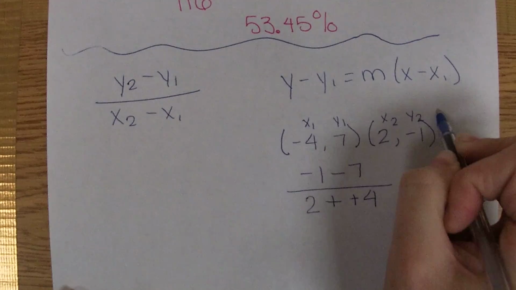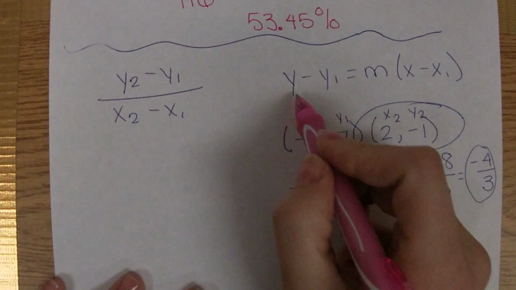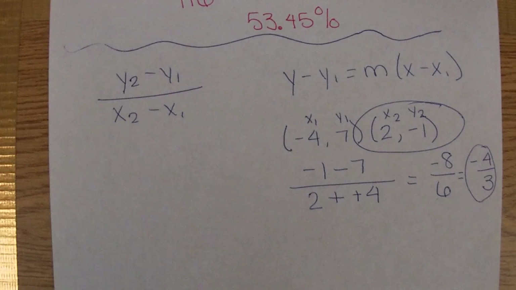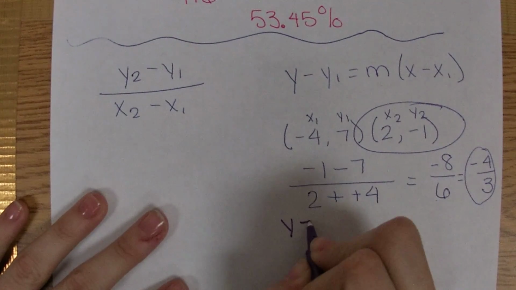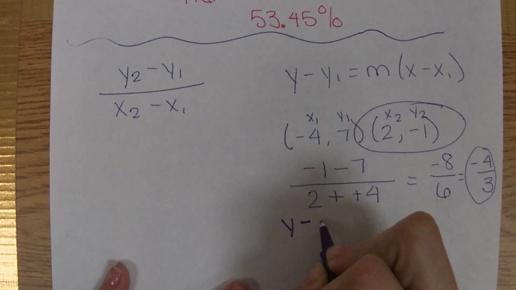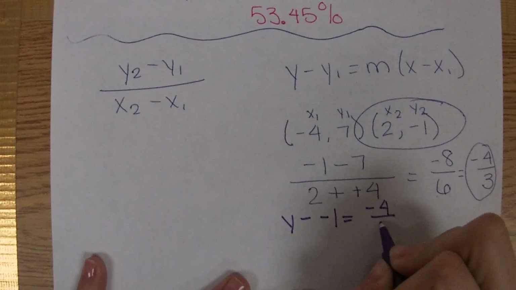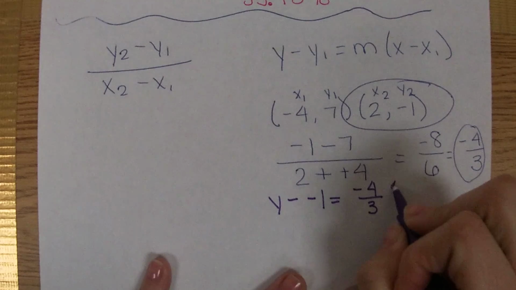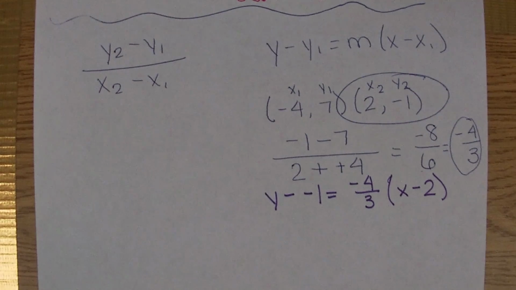And then we'll use a point. How about we use this one? It's smaller numbers. Then we'll plug into point slope form. So we'll say y minus my y coordinate, which is -1, equals my m, which is -4/3, times x minus my x coordinate, which is 2.